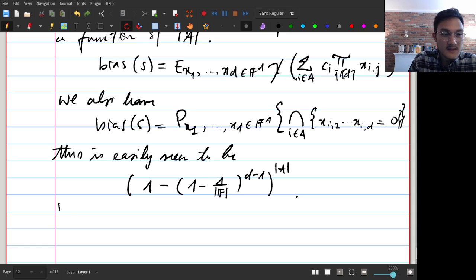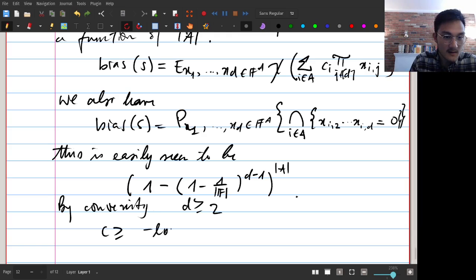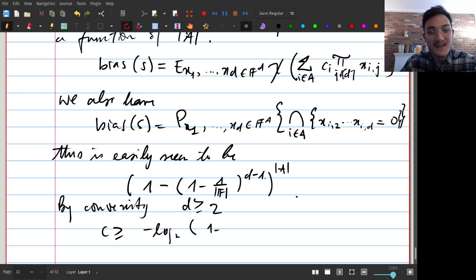Okay, so by convexity, there's a convexity argument for d greater than or equal to 2 that c is greater than minus log base 2 of 1 minus something. Oh wait, what am I trying to say? Sorry, I missed a step.